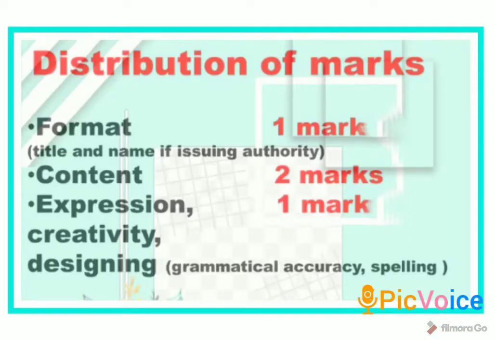Let's understand the distribution of marks for poster designing, as it falls under the short composition writing skills. Poster designing carries 4 marks. The breakup of these marks is as follows. The format of the poster is of 1 mark, which includes the main title and the name of the issuing authority, which would be given in the question.